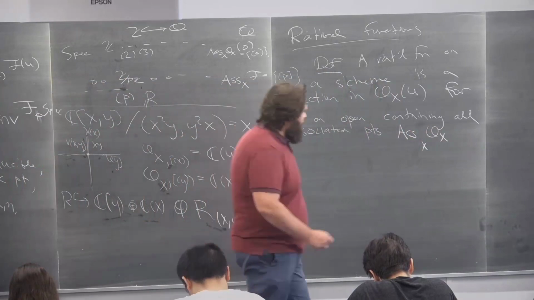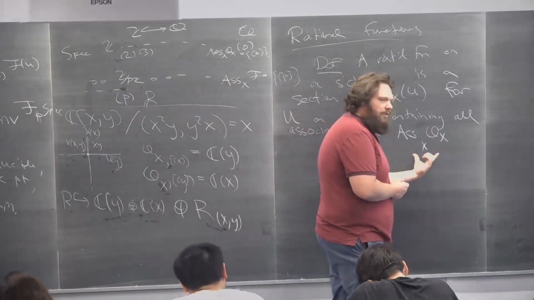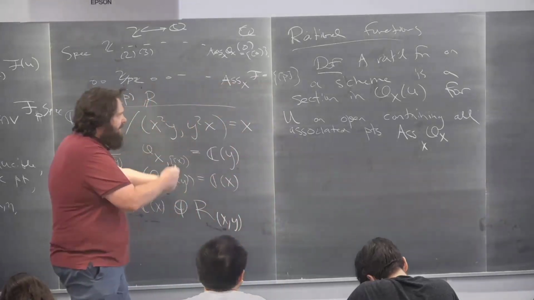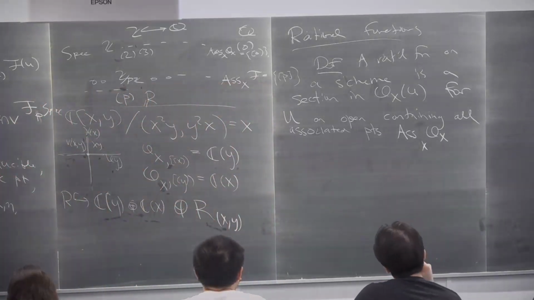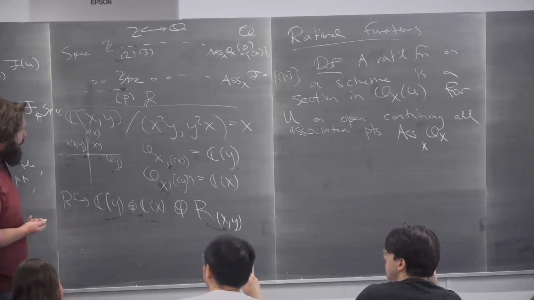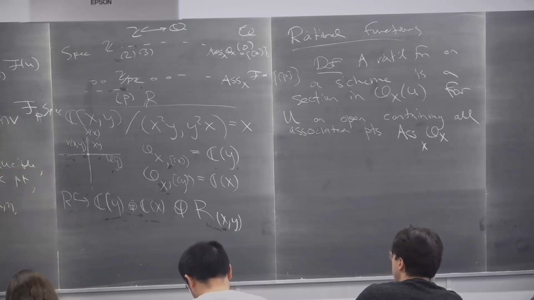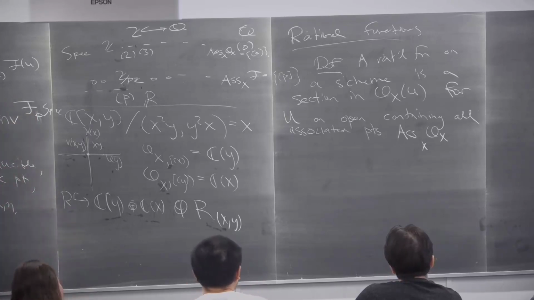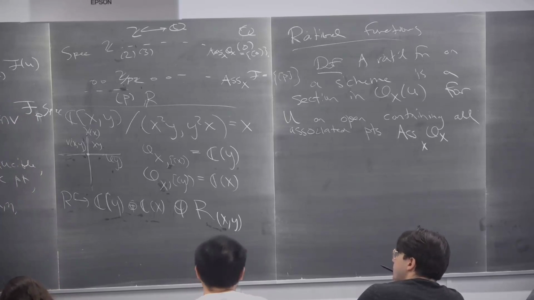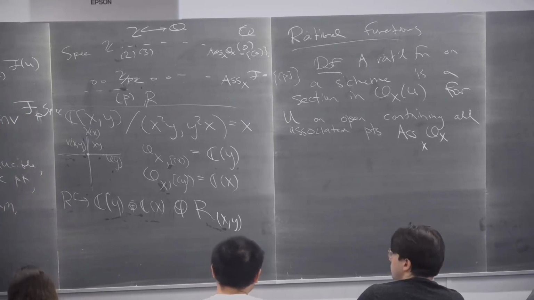These associated points are a way of telling me what's generic. An open subset that sees the entire scheme has to contain all the associated points. Just open. Now, of course, this is a colimit, so it wouldn't change anything if I said affine open.